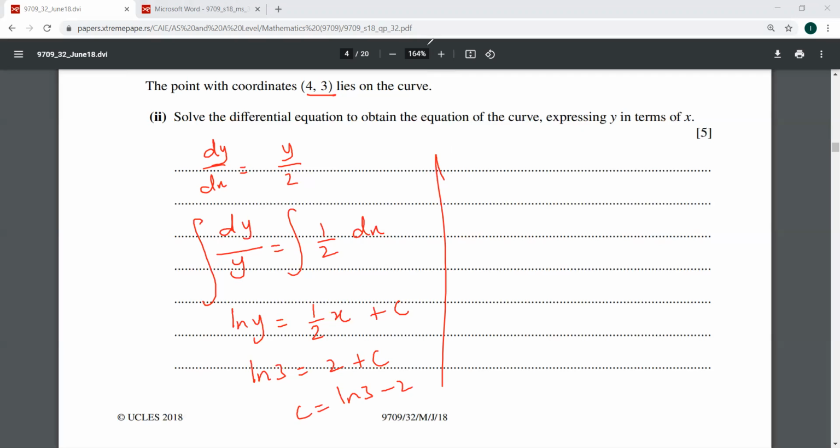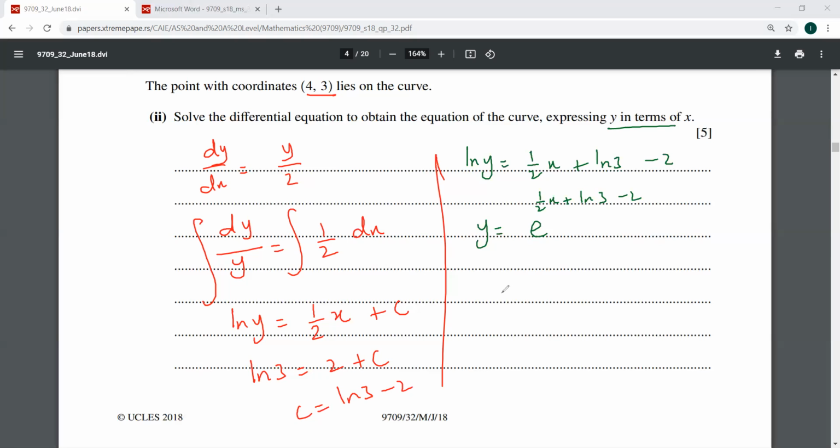So let's quickly write down the equation. This is ln y is equal to half x plus ln 3 minus 2. We need y in terms of x, and there is no need to simplify this. This is going to be y is equal to e raised to power half x plus ln 3 minus 2.